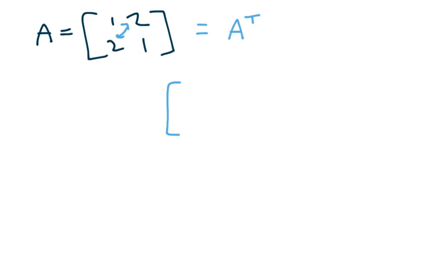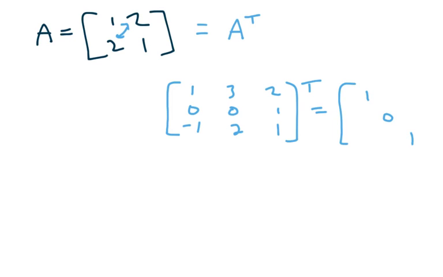If I look at the matrix 1, 3, 2, 0, 0, 1, negative 1, 2, 1, just making up a random matrix here, and I were to transpose this thing, I keep the main diagonal the same, and I flip everything across the main diagonal.